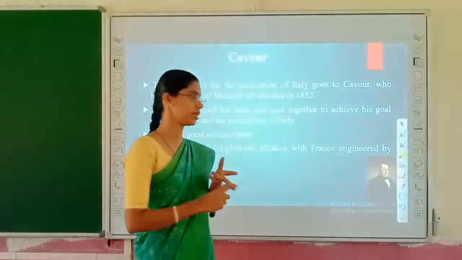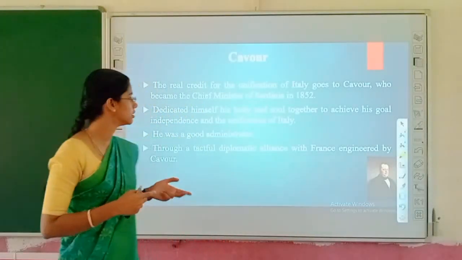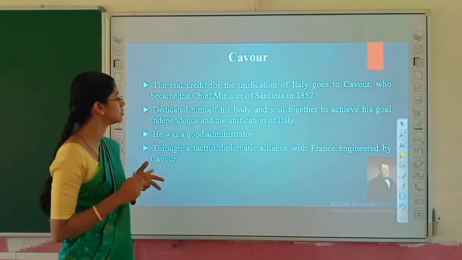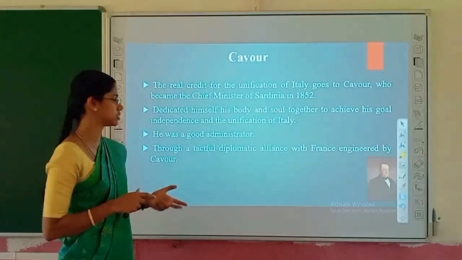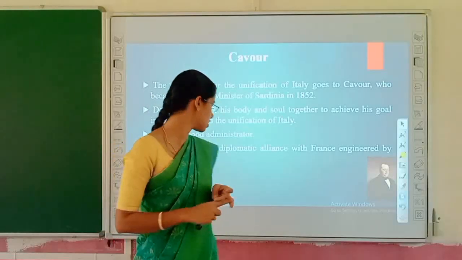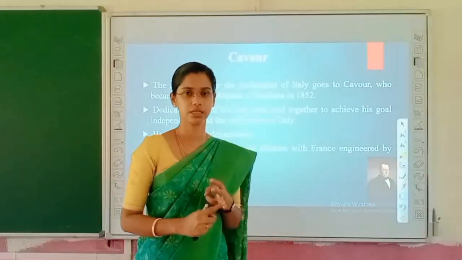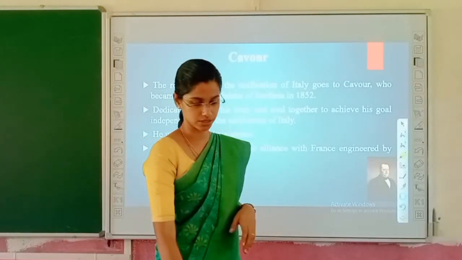Then the next person is Cavour, the Chief Minister of Sardinia in 1852, who dedicated himself, body and soul, to achieve independence and the unification of Italy. And the next person is Giuseppe Garibaldi, the head of the armed force, the Red Shirts.